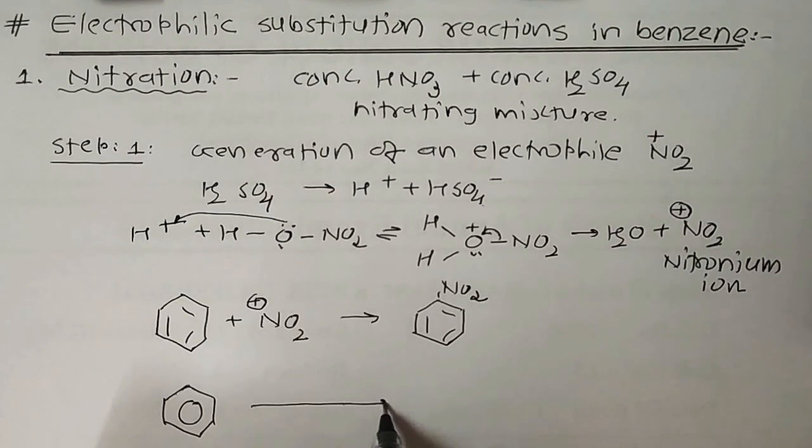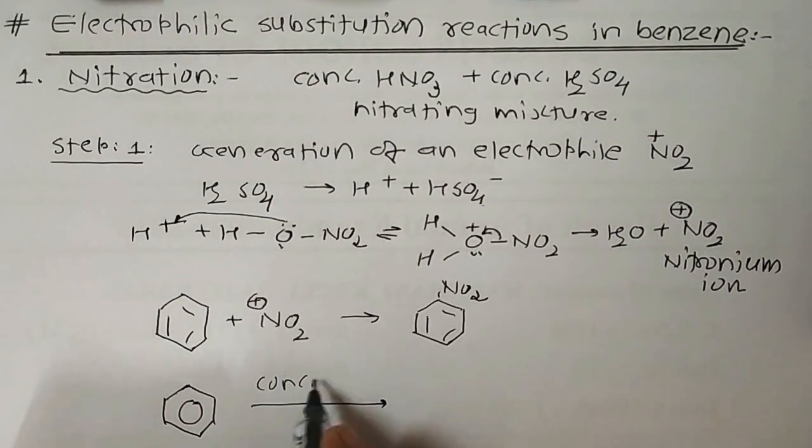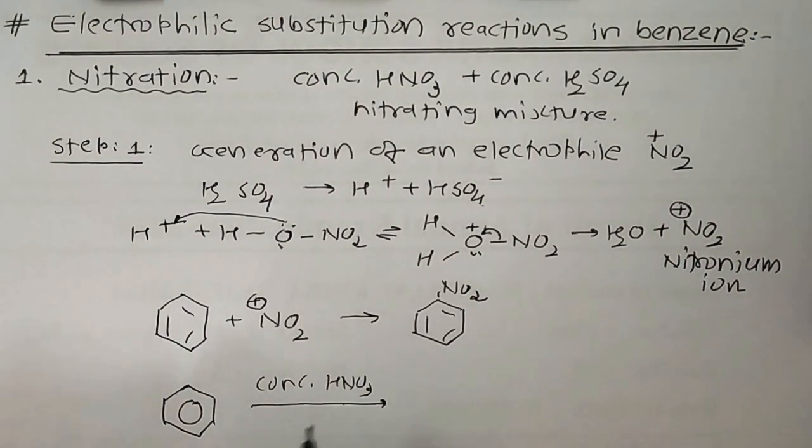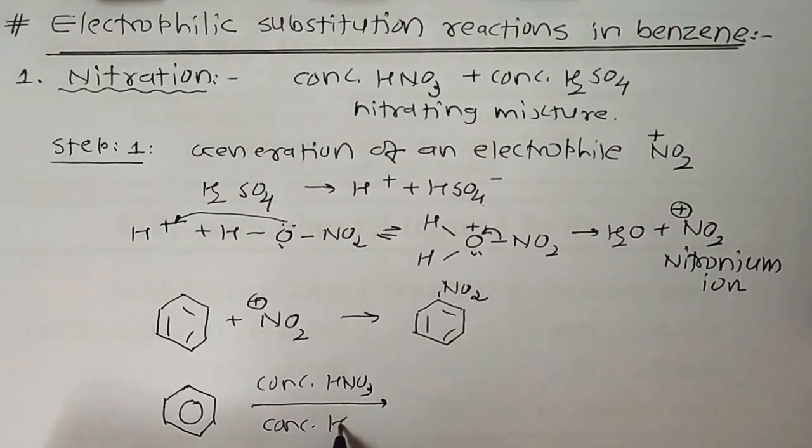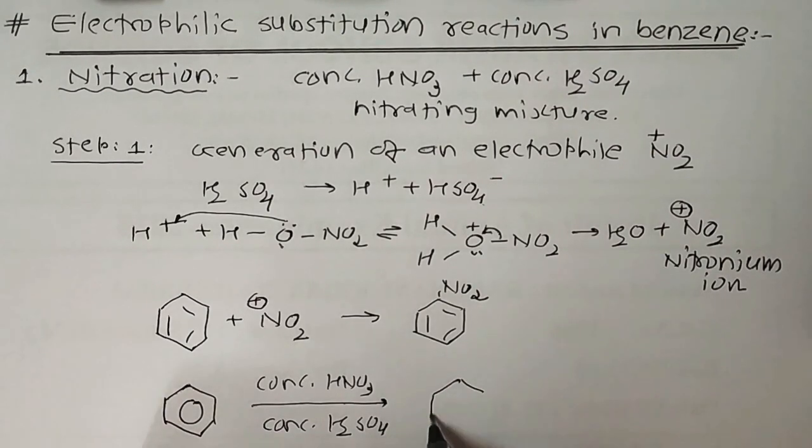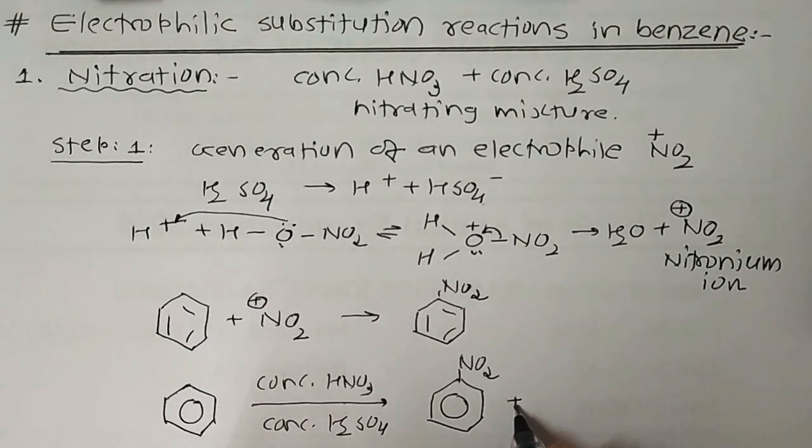So in simple meaning, in a nutshell: first, benzene reacts with concentrated HNO3 plus concentrated H2SO4. This mixture is called the nitrating mixture. Here H2SO4 acts as an acid, and HNO3 acts as a base. So we get a product like that, a replacement of hydrogen with NO2, and water is released.